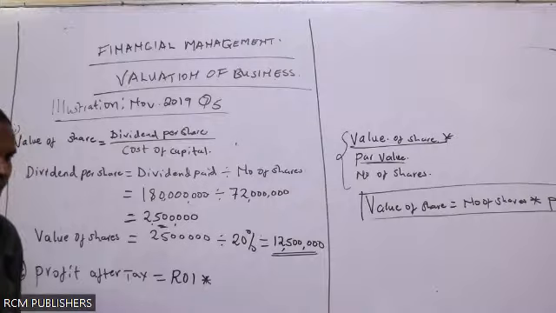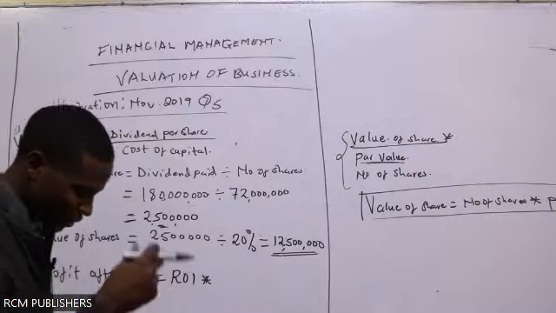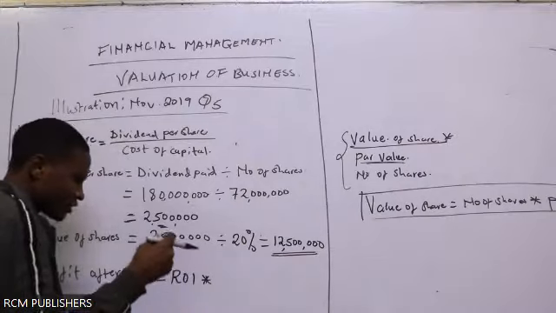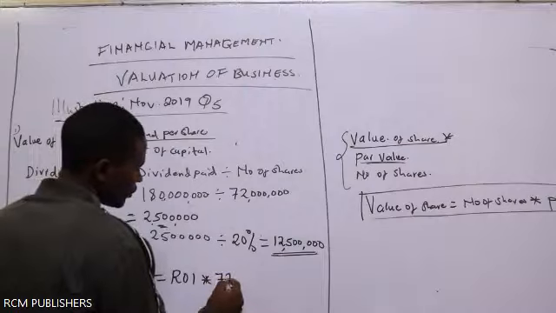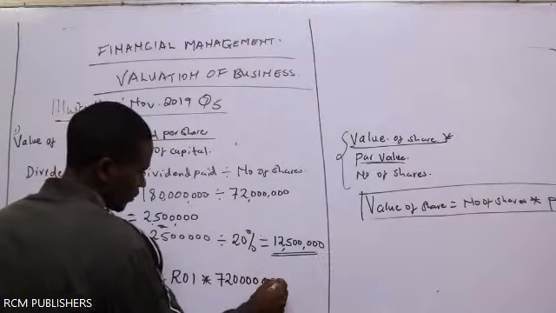Yes, 720 million. Now, when you compute the ROI on the cost that you have to incur, whatever you will be having is your profit after tax. That is 720 million. That is very, very good.